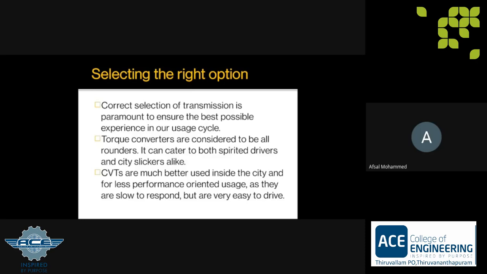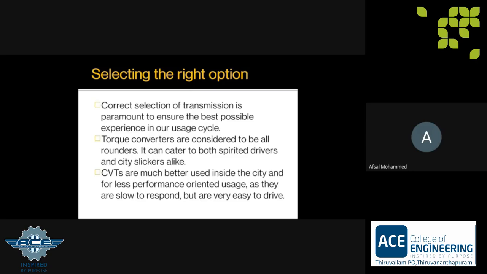And we can take a look at how we can select the right option. So torque converters are basically called the all-rounders in the industry because they can give quite good fuel economy while also giving pretty fast shifts. And this is the point that has been considered when recently even BMW has shifted to a torque converter automatic in their latest sports sedan, the BMW M3, which previously used the DCT. However, the transition into the torque converter hasn't really taken much away from the driving experience, according to reviewers.